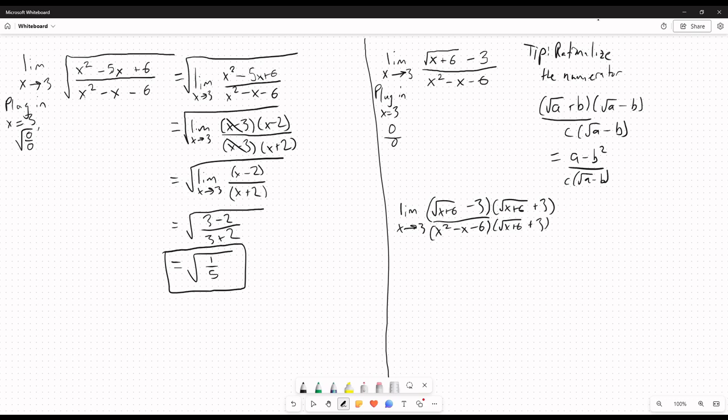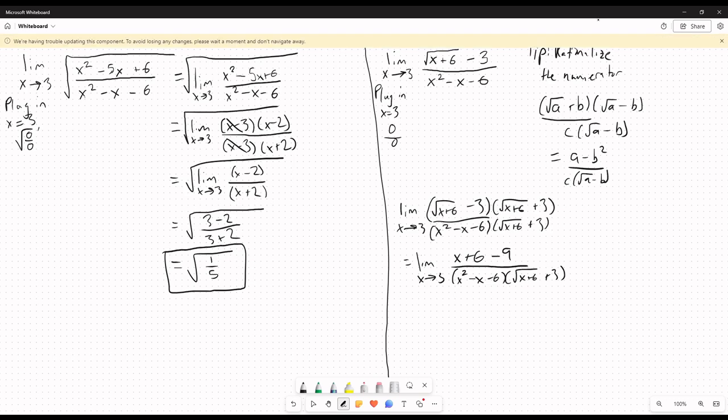The numerator will simplify nicely. This will become the limit as x approaches 3 of x plus 6, because we'll have a squared, and then minus b squared, so that'll be minus 9, over the denominator will not simplify nicely. We will have that square root of x plus 6 plus 3 just chilling out in the denominator.